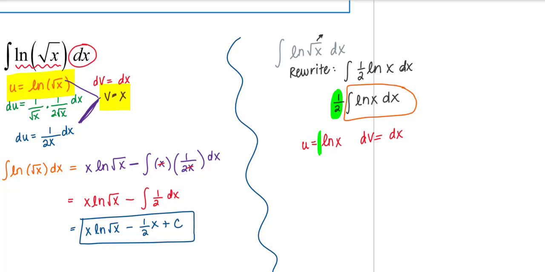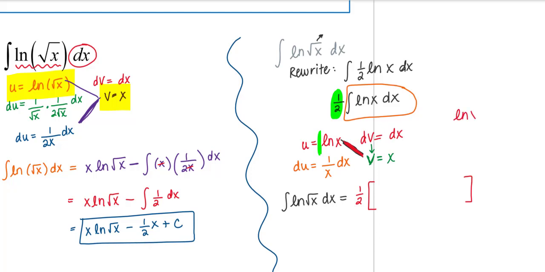I'll just highlight it and keep an eye on it as I go. So if u is natural log of x, the derivative of u, derivative of natural log of x, is 1 over x dx. And anti-differentiate dv. So v, well, I'm anti-differentiating dx, so that's just x. All right, so this antiderivative equals, now I don't want to forget this 1/2, 1/2 times, here comes my by parts formula, u times v, so it'll be natural log of x times x.